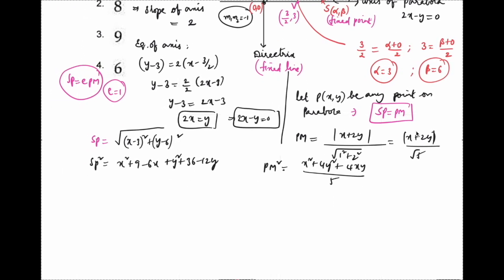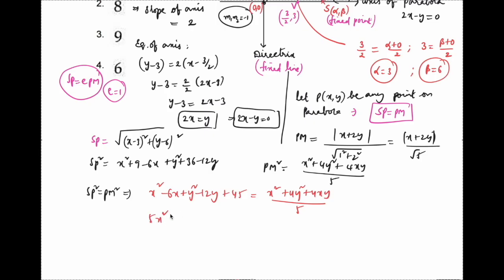Now let's equate. Since SP is equal to PM, we can write SP square is equal to PM square. x square minus 6x plus y square minus 12y plus 36 plus 9, that is 45, is equal to x square plus 4y square plus 4xy upon 5.